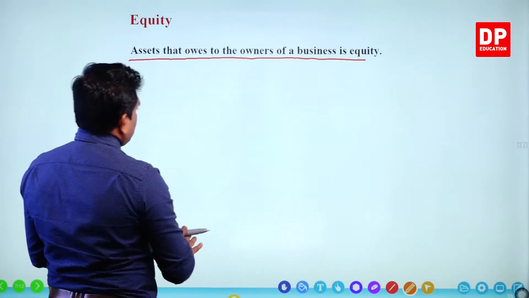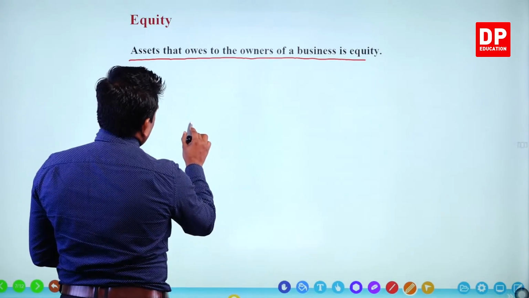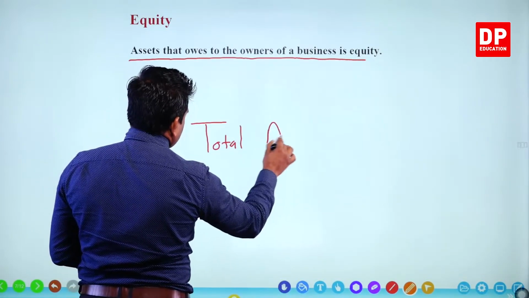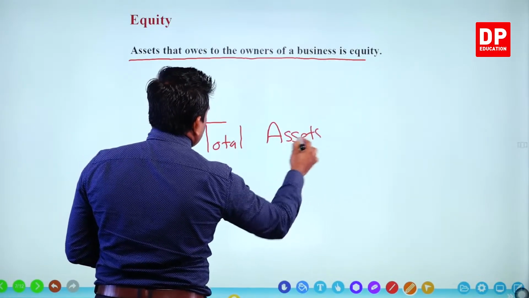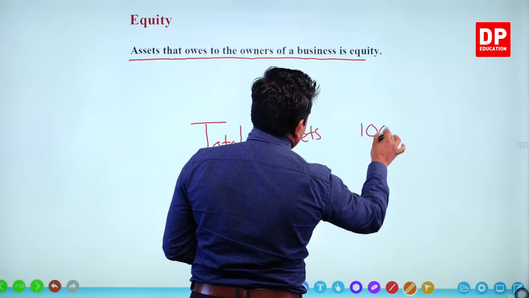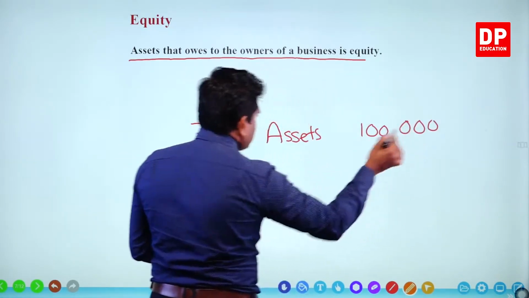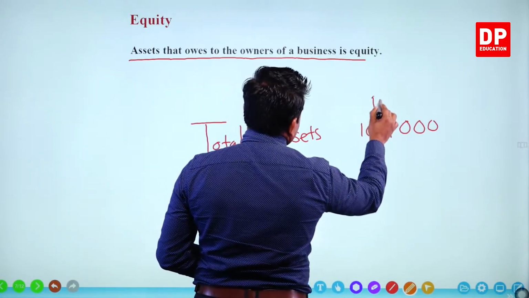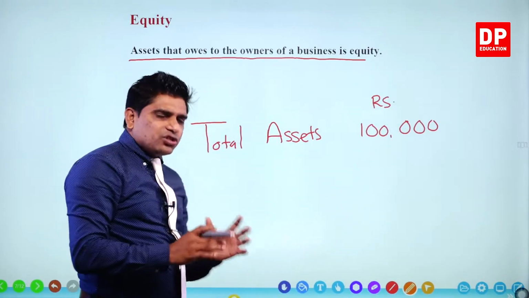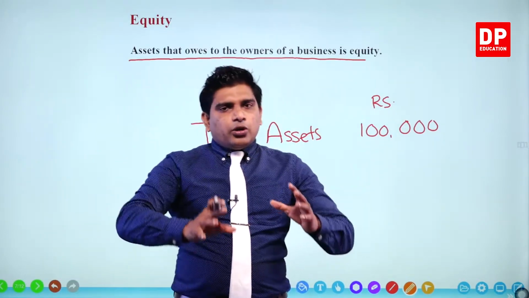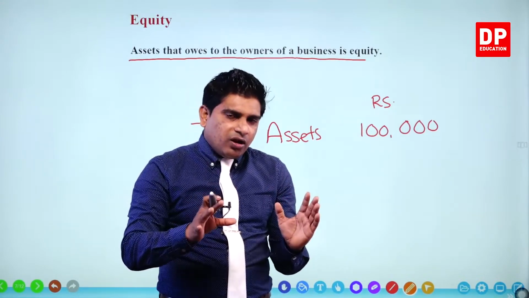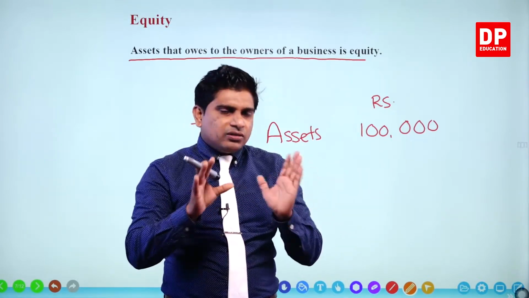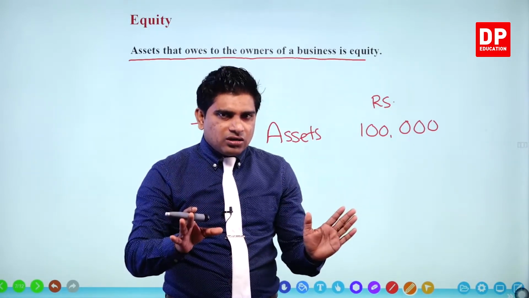Simply, total assets of the business. You think 100,000. When you count inside your business, you can see 100,000 rupees worth of assets, right? Actually, 20,000 you have obtained as a bank loan. That money you can see in the business. When you apply for a bank loan, they give 20,000 rupees for you as a loan.